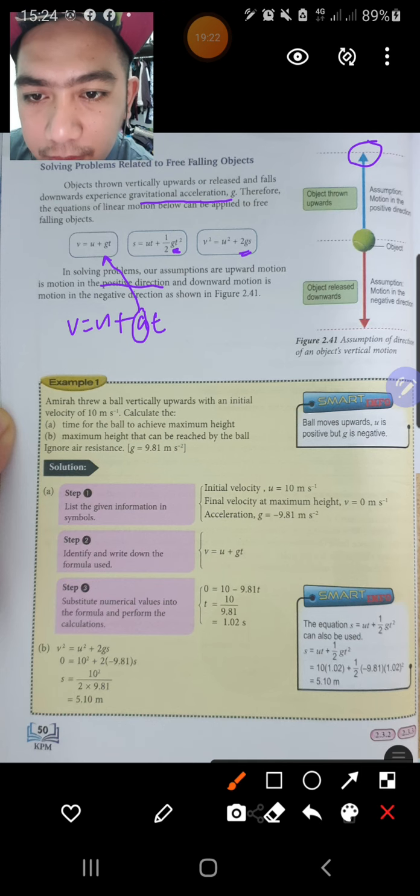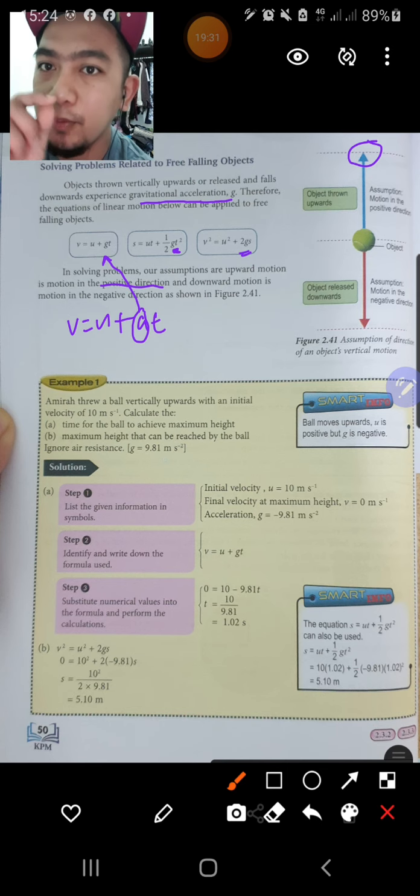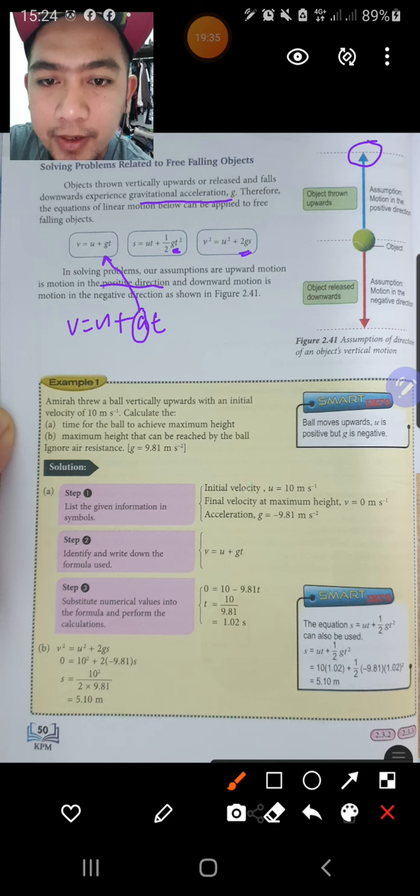So let's check for question A. Step 1, list the given information in symbols. Okay, symbols or signs we have to write. So initial velocity is u equal to 10 meter per second, already mentioned in the question here.